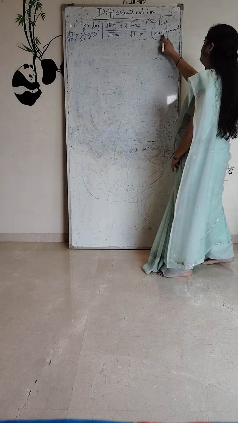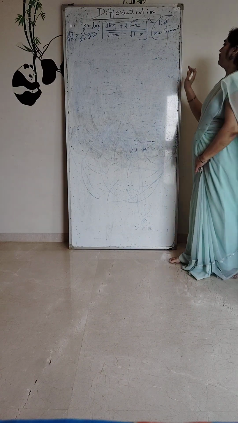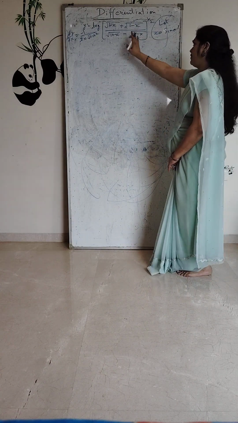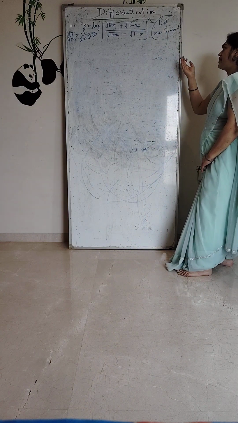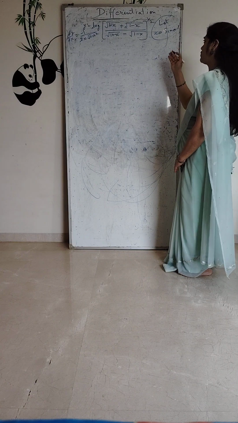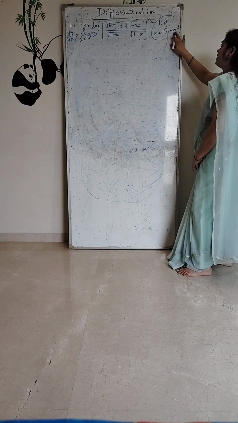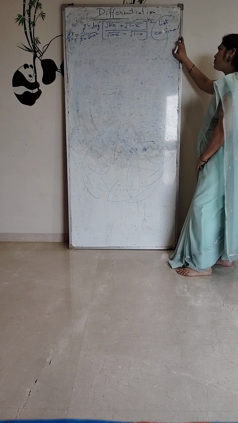Let x equal to sine theta. When we put sine theta here, 1 plus sine theta will be cos square theta by 2 plus sine square theta by 2, and sine theta may be written as 2 into sine theta by 2 into cos theta by 2.